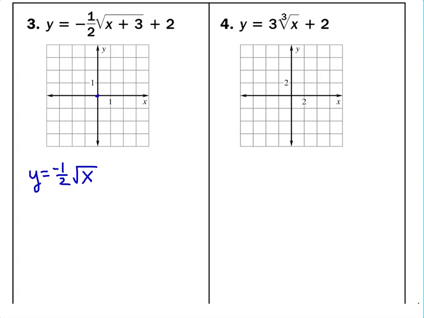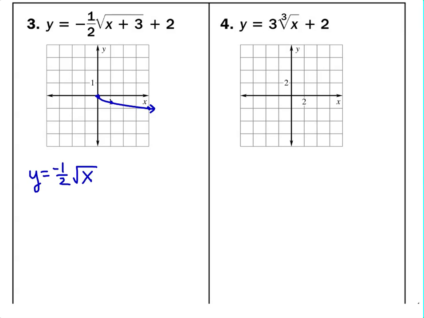Starts at the origin, starts at 0, 0, and it goes upside down, and the point is 1 comma negative 1/2, and then 4 comma negative 1. Those are the easy, relatively nice numbers for a square root graph. So that's the basic one.